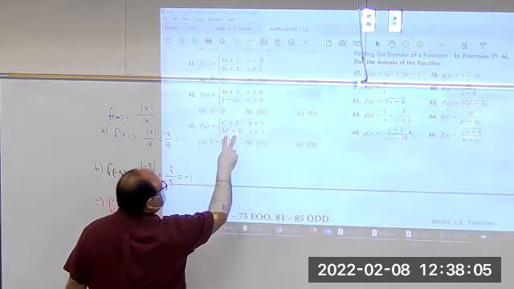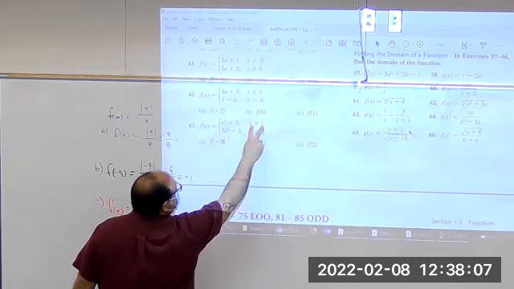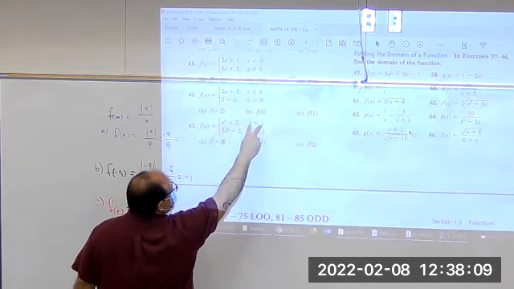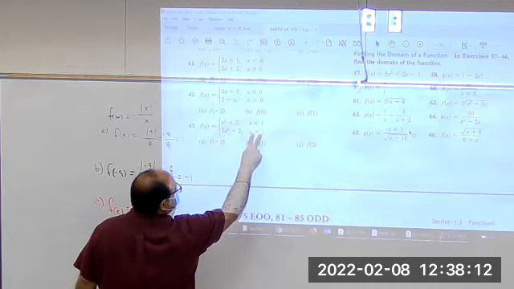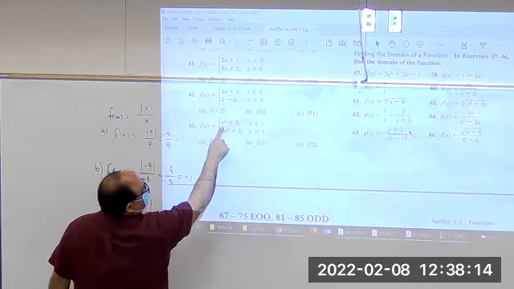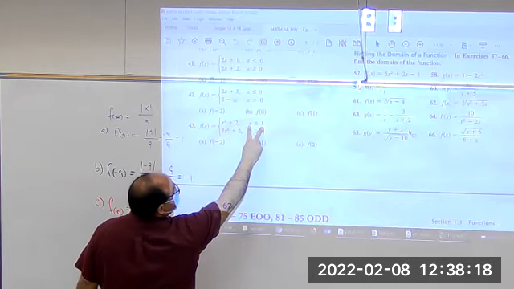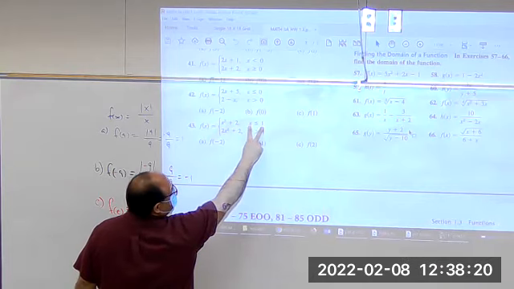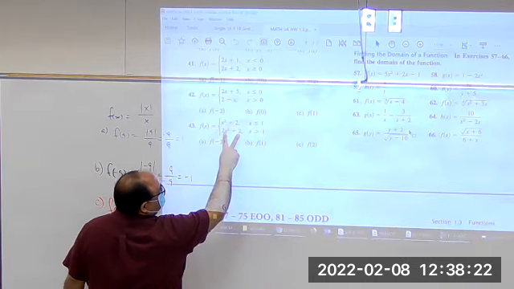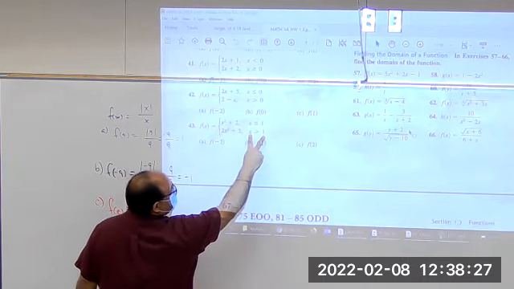And those two separate pieces have defined domains that you choose, that you plug in from. You're going to use x squared plus 2 if you're plugging in values of x that are less than or equal to a 1. And you're going to use 2 times x squared plus 2 if you're going to plug in values of x that are greater than a 1.